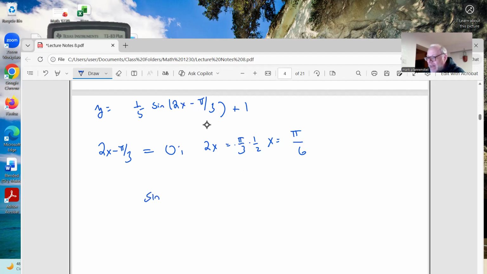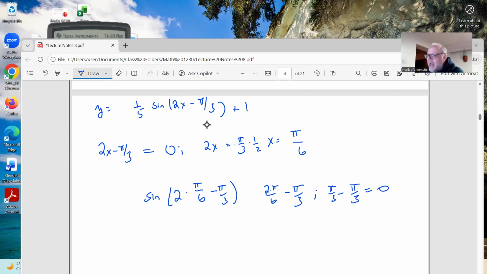If I have sine of 2 times pi over 6 minus pi over 3, let's evaluate that. 2 times pi over 6 is actually pi over 3. So we end up with pi over 3 minus pi over 3, which is 0.